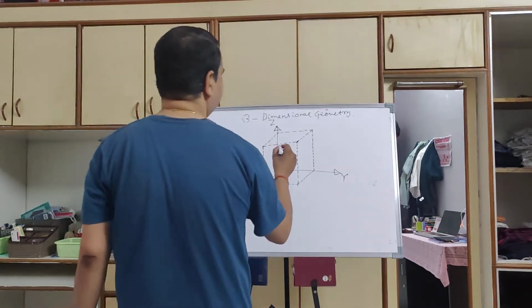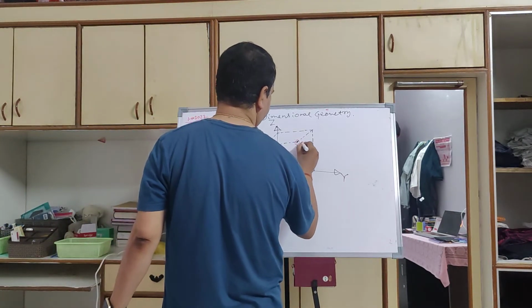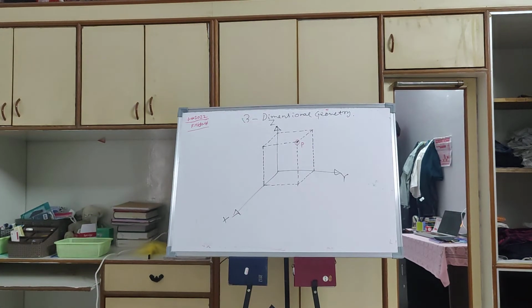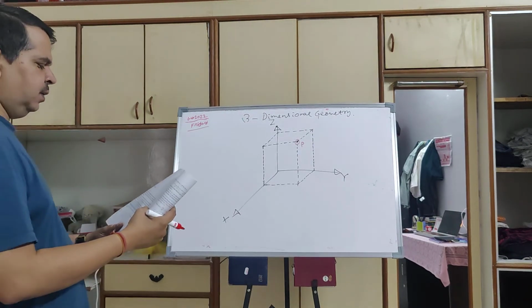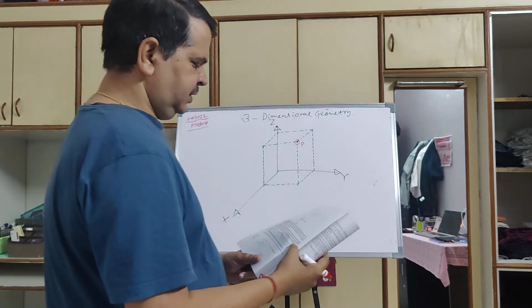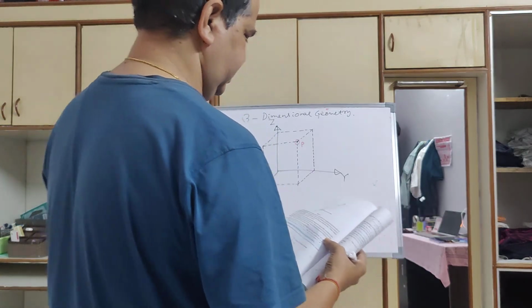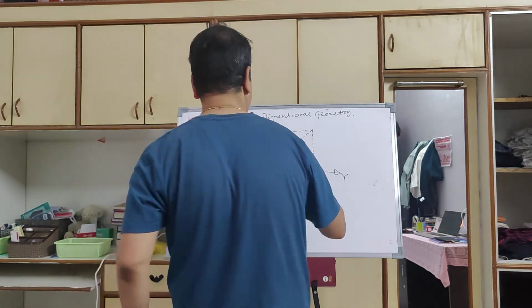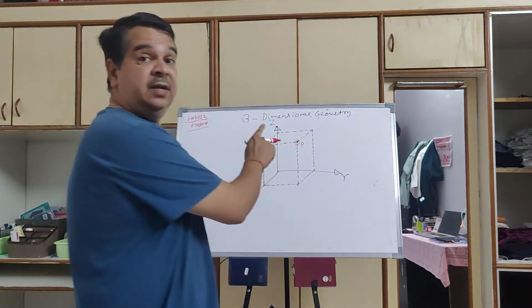So let us take a point P here. This is the point P. Let me draw a line L passing through P. It is not in the YZ plane.